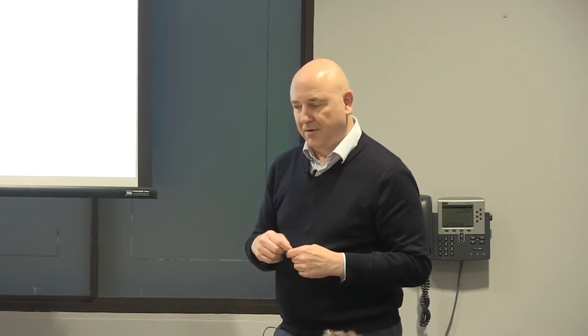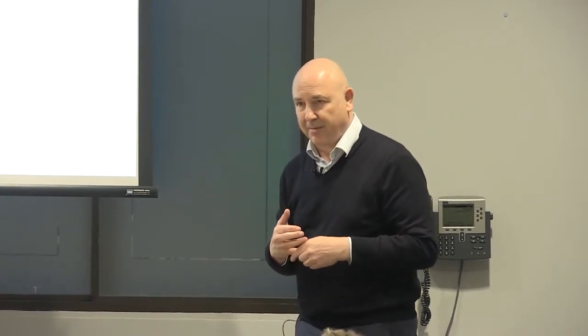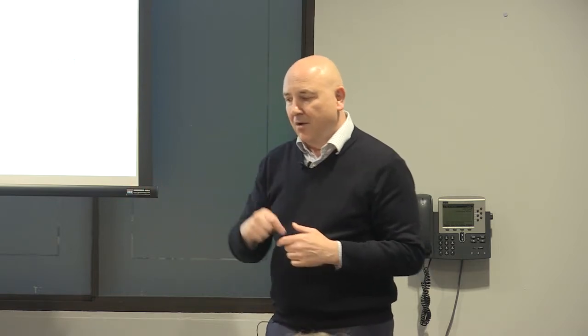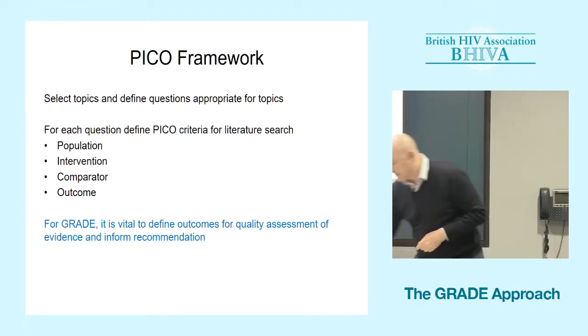The outcomes are really important in GRADE, because it's vital to define the outcomes for the quality assessment of evidence and to inform the recommendation. There may be multiple different outcomes that are important, and some may be related to patient biological outcomes like viral load, others may be related to patient experience, side effects, and so on. But you need to define which outcomes will influence your recommendation when it comes to assessing the evidence and defining your recommendation.